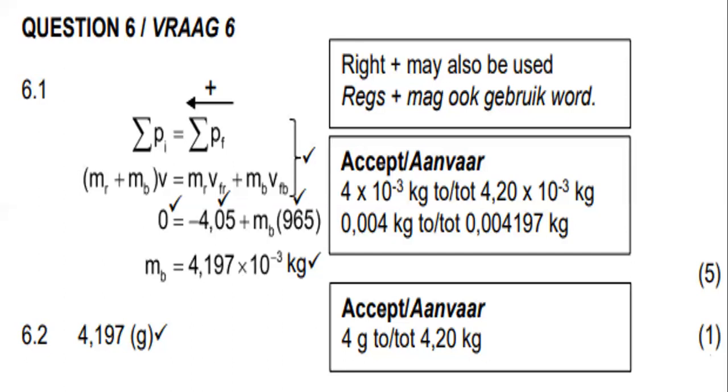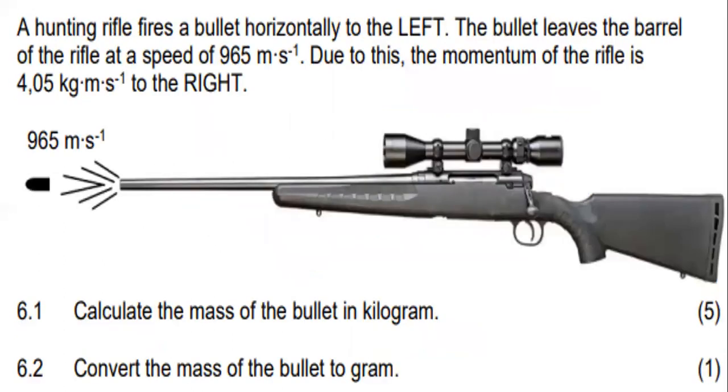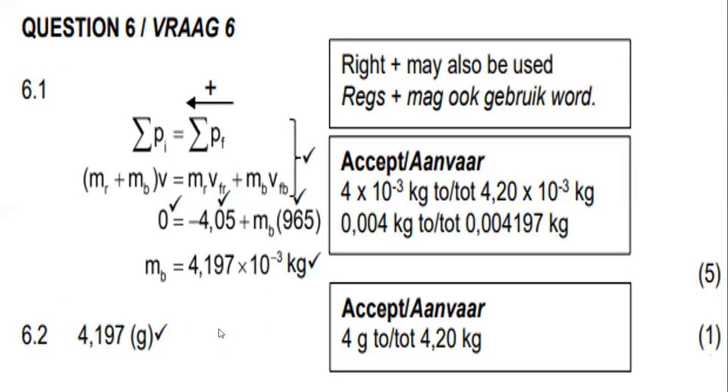Then in question 6.2, we were asked to convert the mass of the bullet to grams. Now, we know that if we want to go from grams to kilograms, we divide by 1,000. So if we want to go from kilograms to grams, then we must multiply by 1,000.